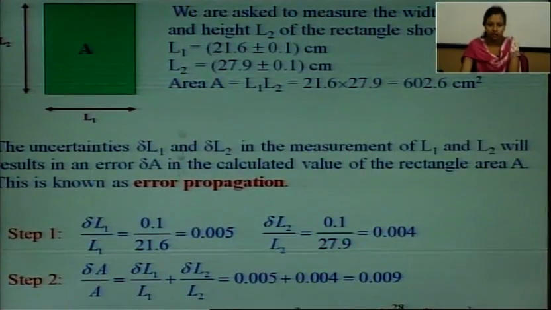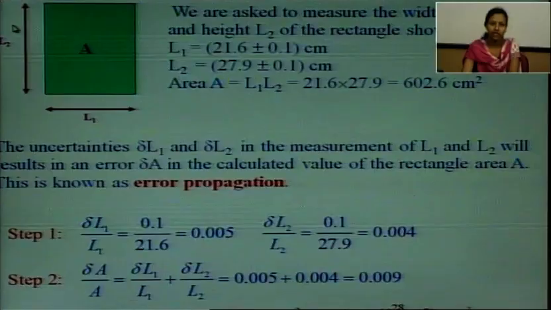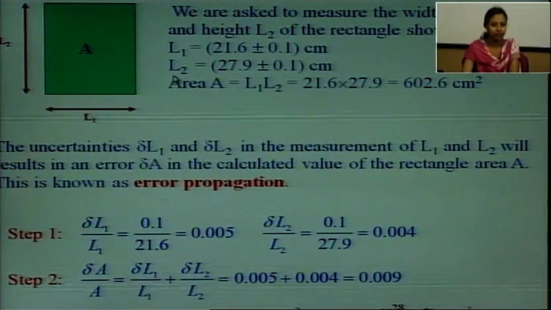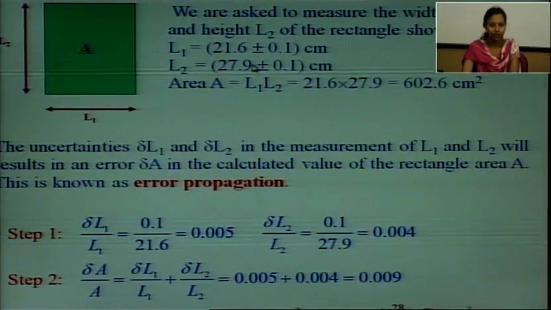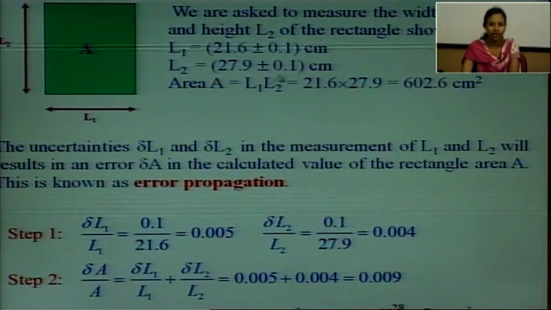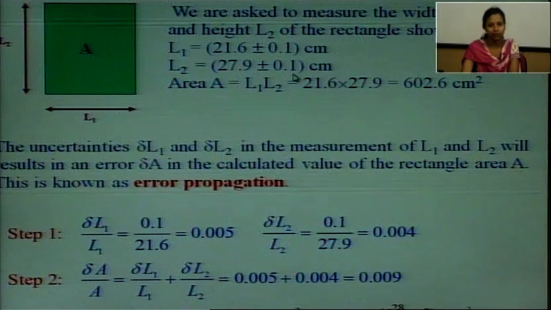So next is error propagation. The length of this rectangle L1 is 21.6 and the error in its measurement is plus minus 0.1 centimeter, and L2, this length, is equal to 27.9 and the error in the measurement is again 0.1.